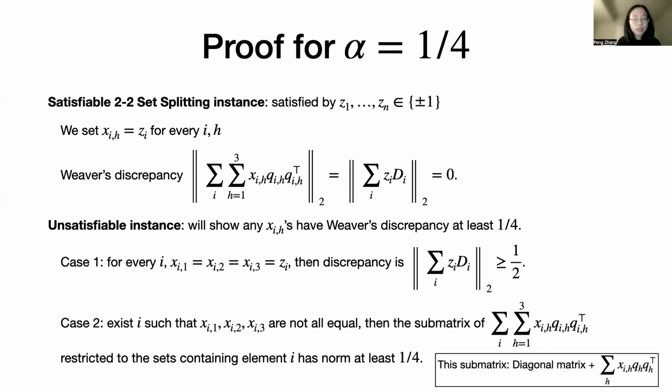And this submatrix is actually a 3 by 3 dimensional matrix. It can be written as a diagonal matrix plus the sum of x_ih q_h q_h transpose. This is because we assume that in the 2-2 set splitting instance, every 2 sets share at most one element.